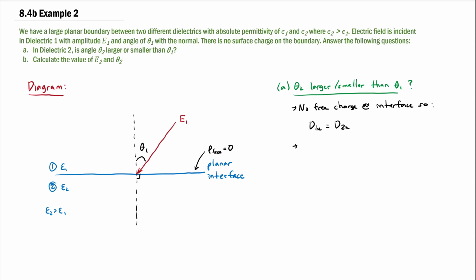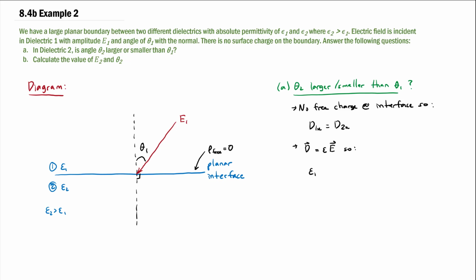We know that the electric flux density D is equal to the absolute permittivity epsilon times the electric field, but we know that D1n is equal to D2n, so we set them equal to each other.